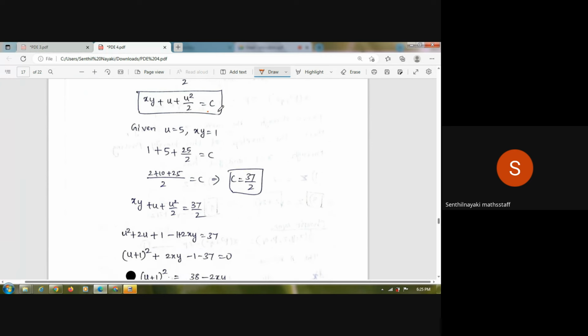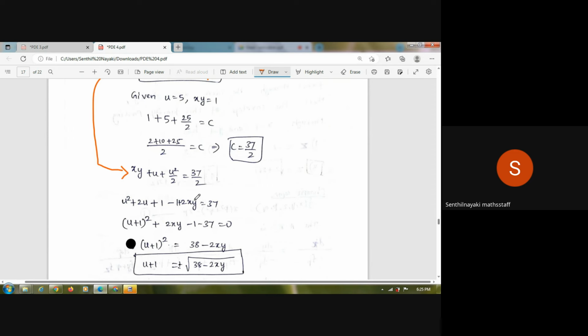Substitute into this equation, then this equation now becomes xy plus u square by 2 plus u equal to 37 by 2. So write in terms of u. Here add and subtract 1. So u square, take LCM, then this term becomes 2u.